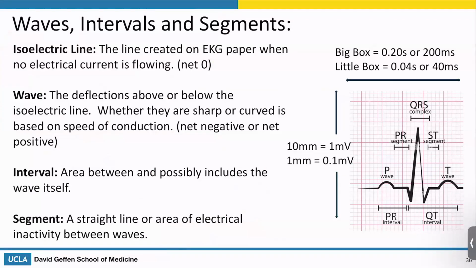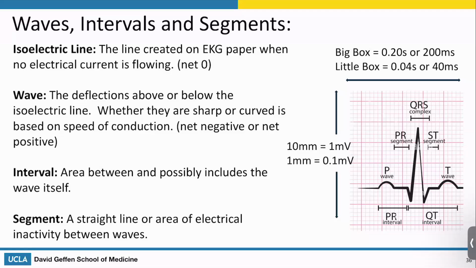Let's talk about the waves and those segments that we were drawing on that complex. So we have different waves, intervals, and segments. So we have an isoelectric line. That's the line created on the EKG paper when no electrical current is flowing. That's a net zero. Now that doesn't mean that there's not actually charges. It just means that nothing's moving. It can't see any movement, so it's not going to measure anything.